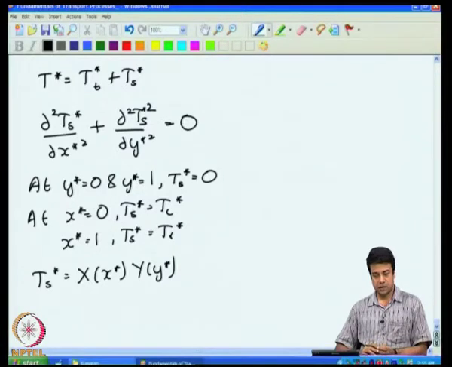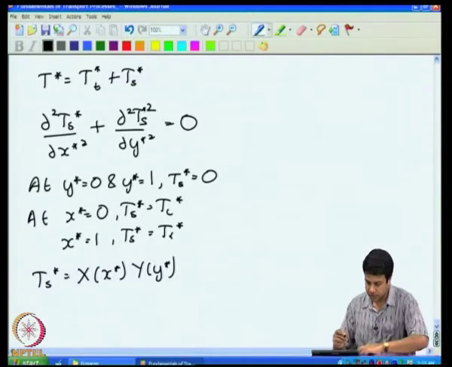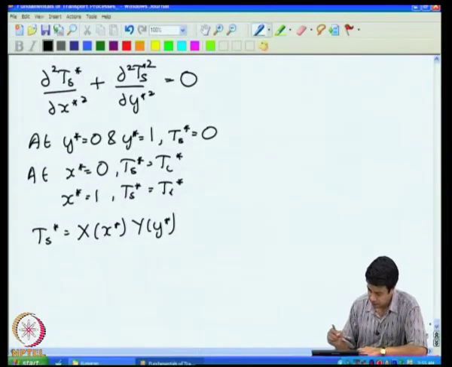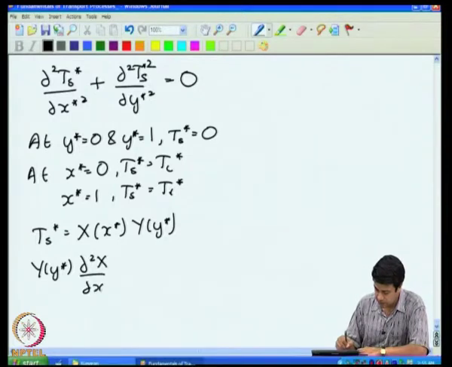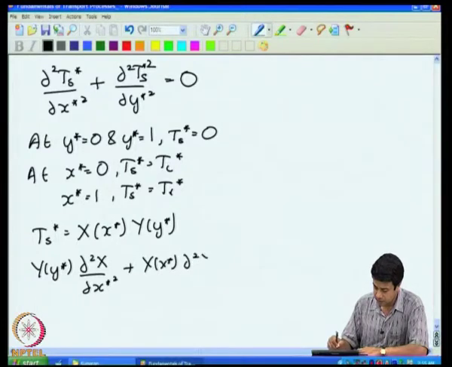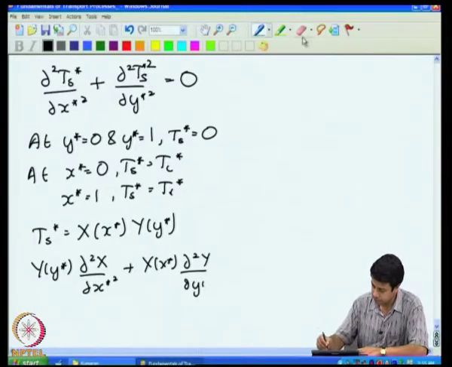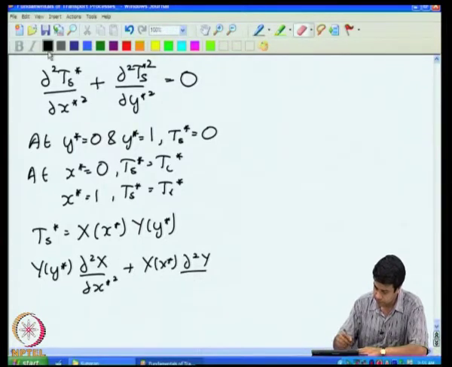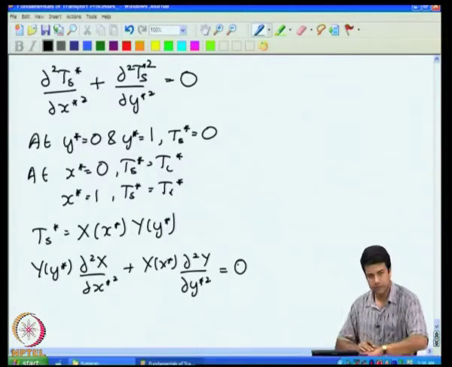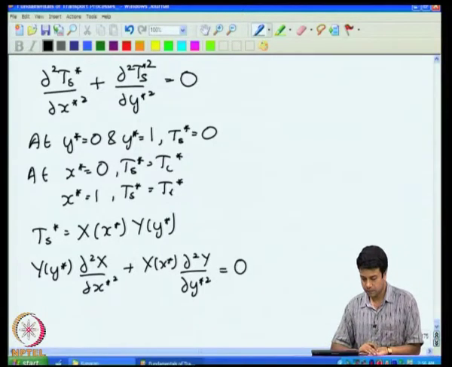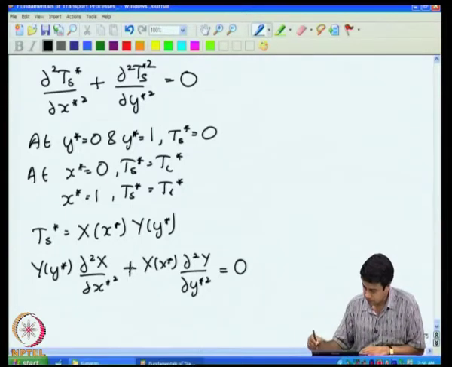I put that into the differential equation and I will get Y times d square X by dx star square plus X times d square Y by dy star square is equal to 0. And I divide by X times Y.